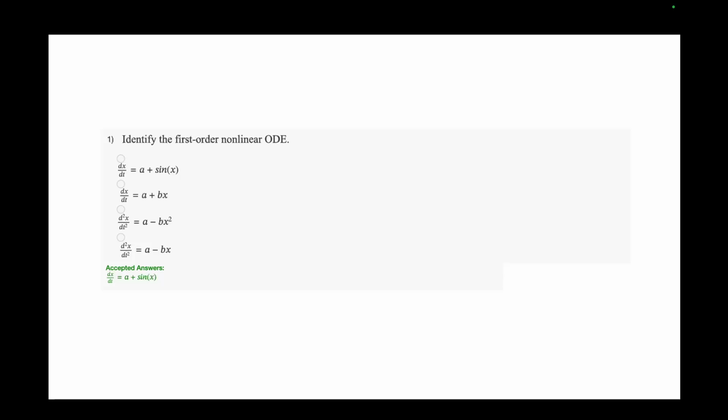First order because dx/dt is the highest derivative, and also x is non-linearly dependent. So the option will be A.